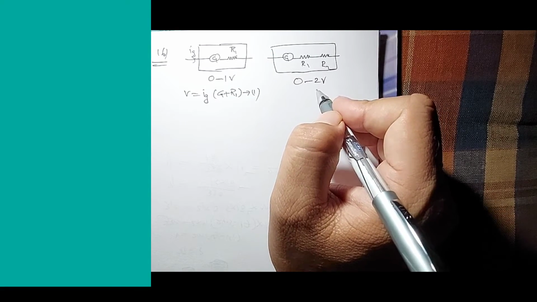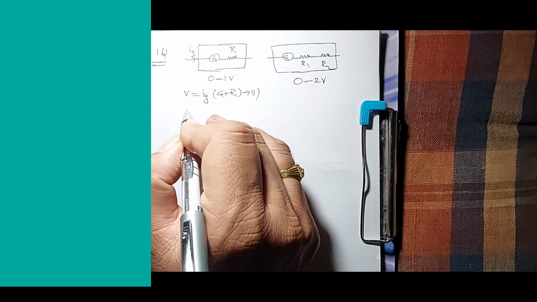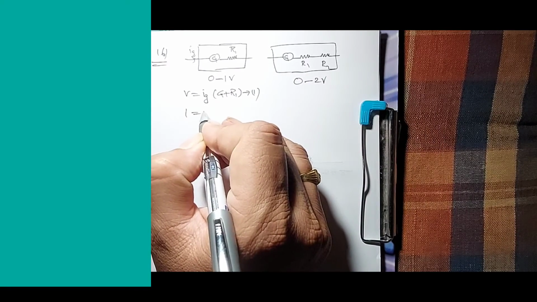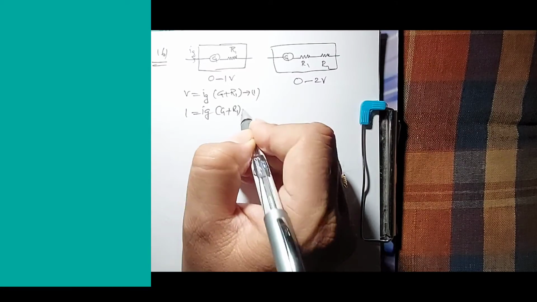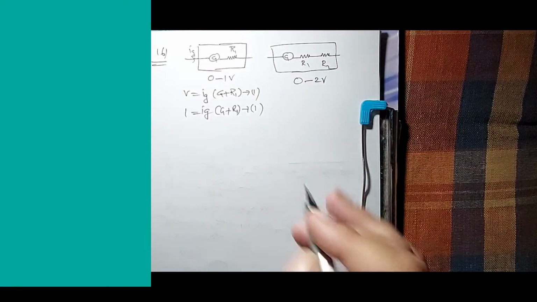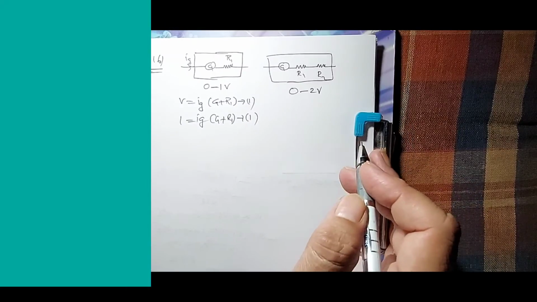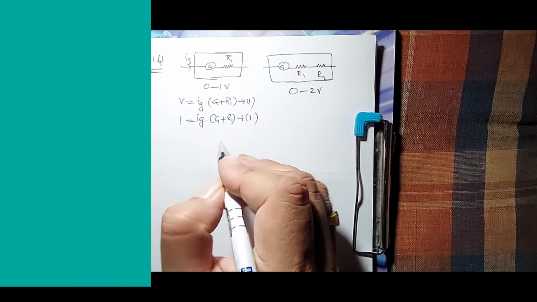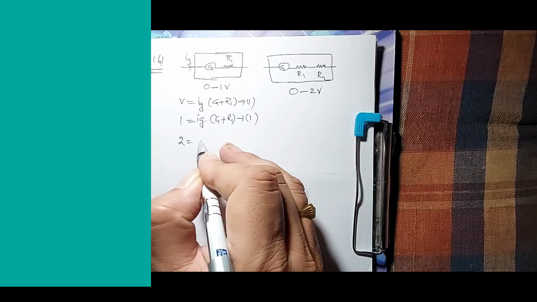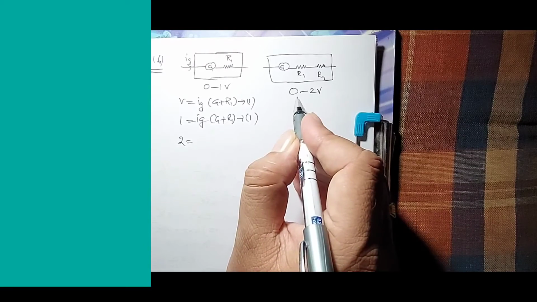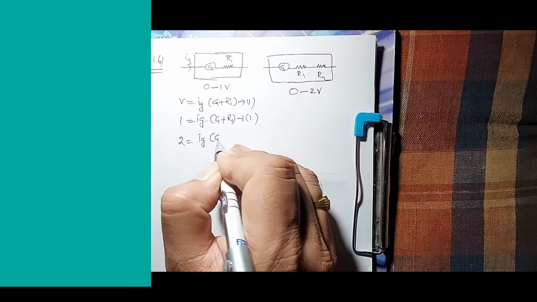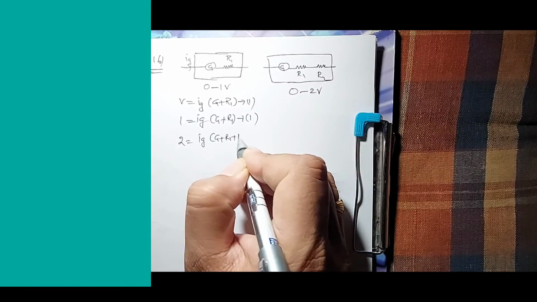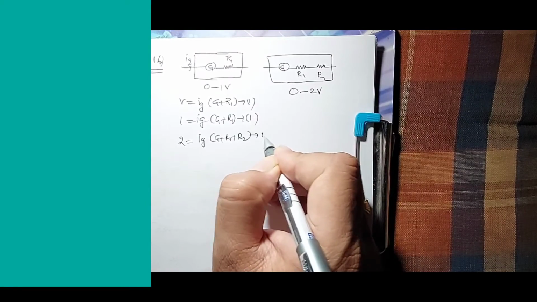So 1 = Ig(G + R1), equation 1. Now, whenever another additional resistance R2 is connected, the voltage is measured up to 2 volts: 2 = Ig(G + R1 + R2). This is equation 2.